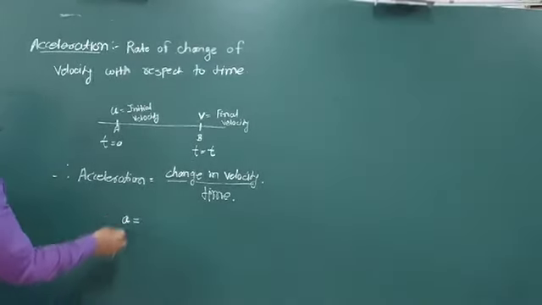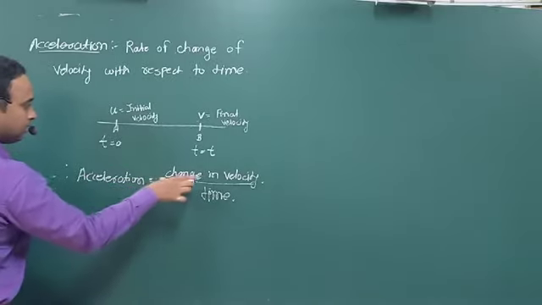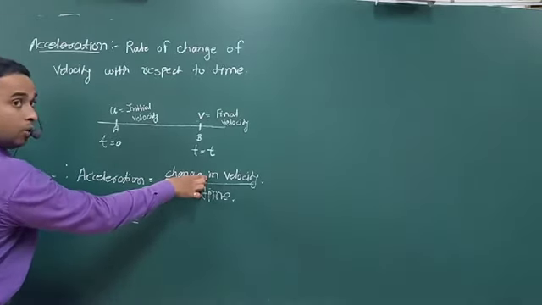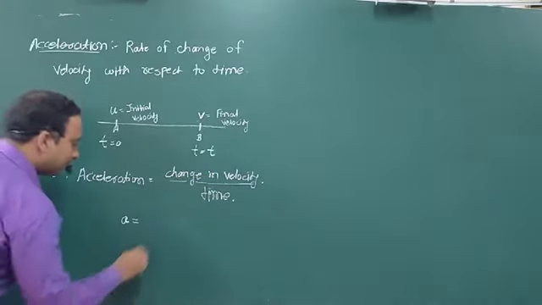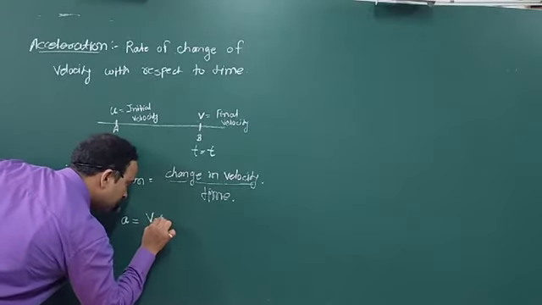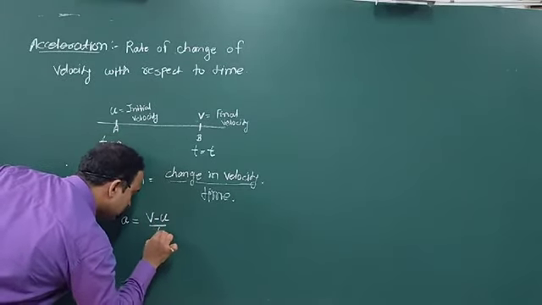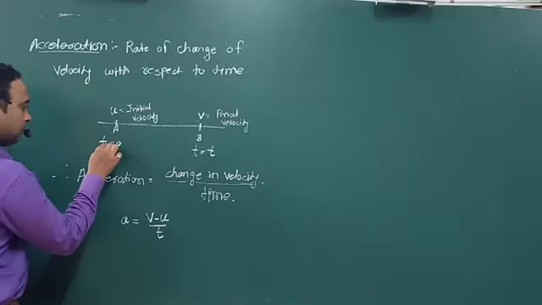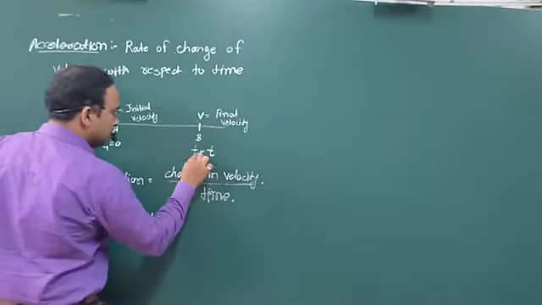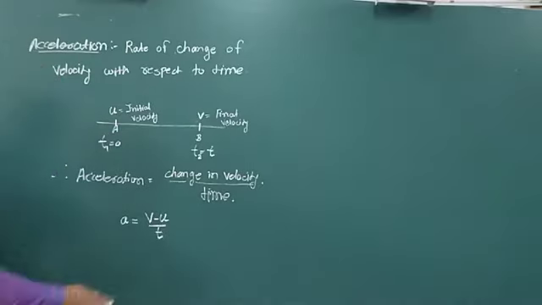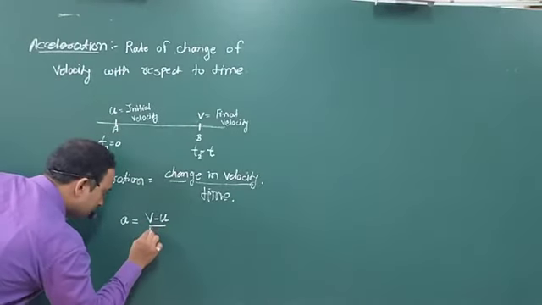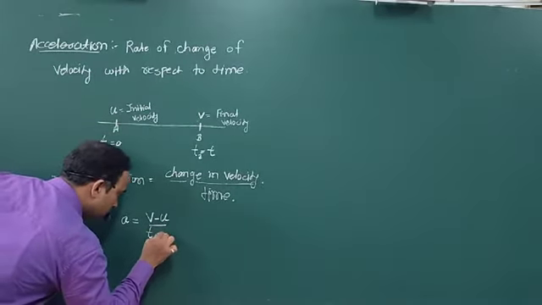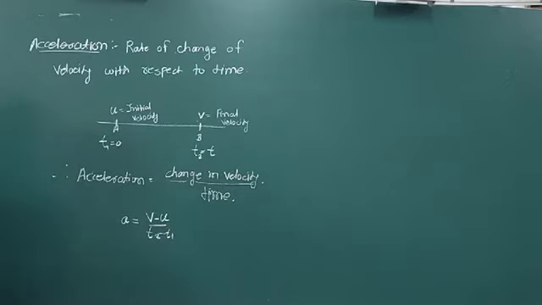Now acceleration is equal to change in velocity divided by time. That means final minus initial velocity divided by time. Suppose we consider this one is t1 and this one is t2, so we can write t2 minus t1.